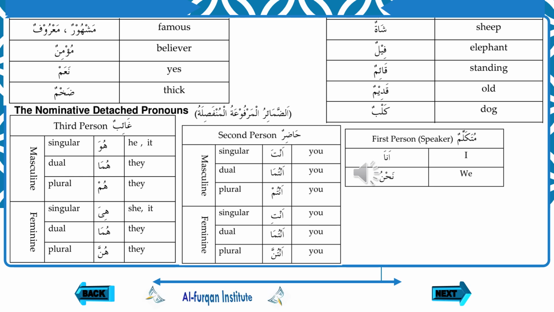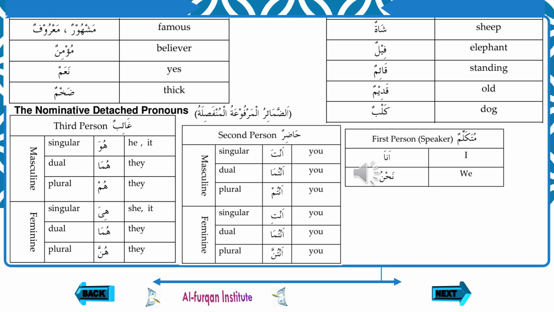So the second person hadir. So the second person singular masculine, anta, you. The second person dual masculine, antuma, you. And the second person plural masculine, antum.